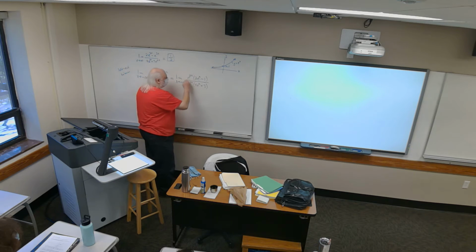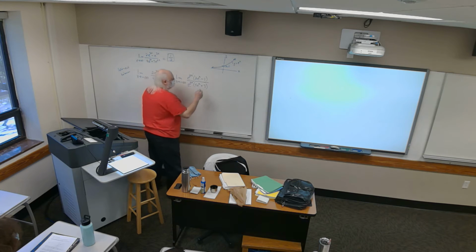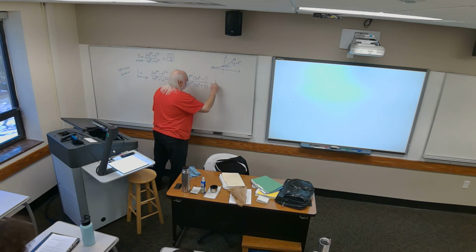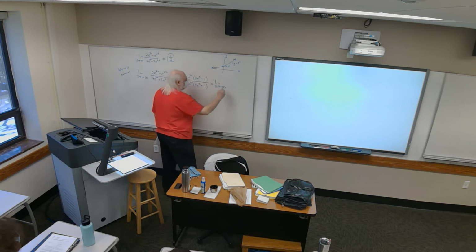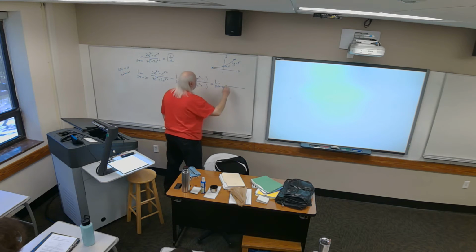So e to the 2x divided by e to the 2x is 1, right? They cancel. And we are left with the limit as x decreases without bound of the quotient 2 times e to the x minus 1 over 4 times e to the x plus 7.